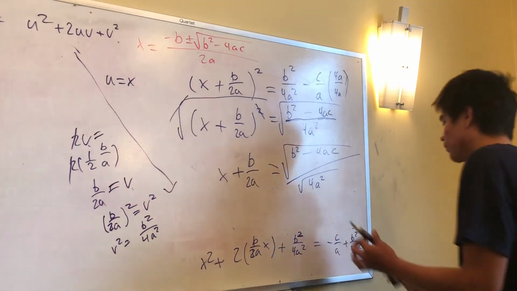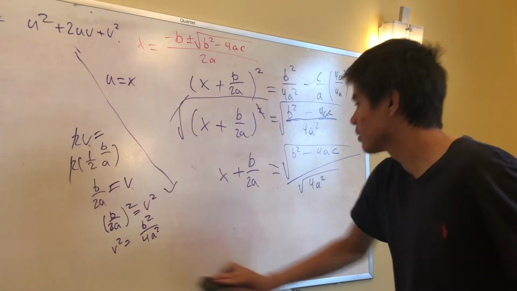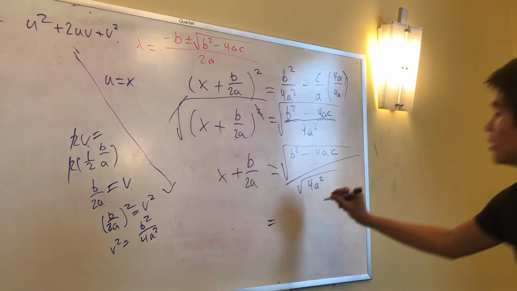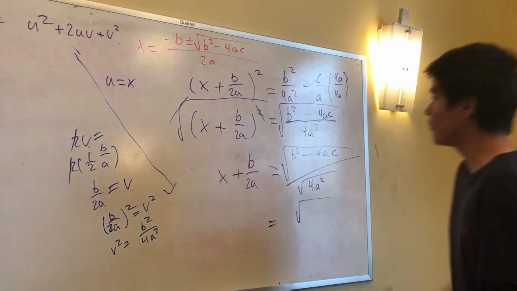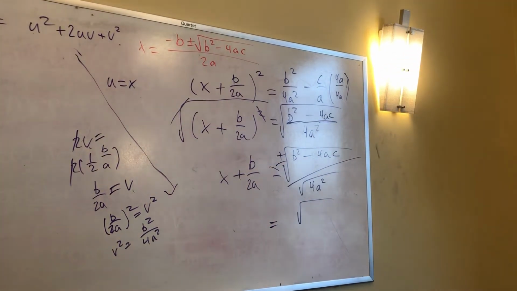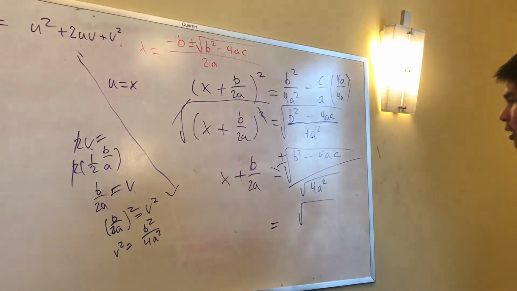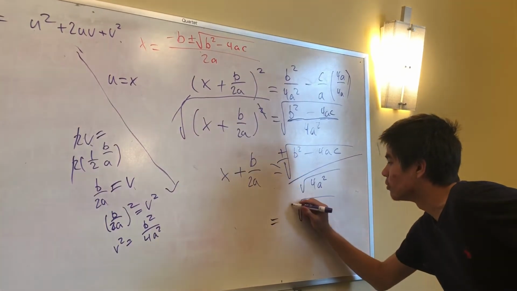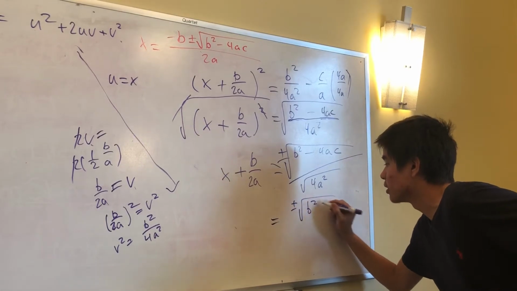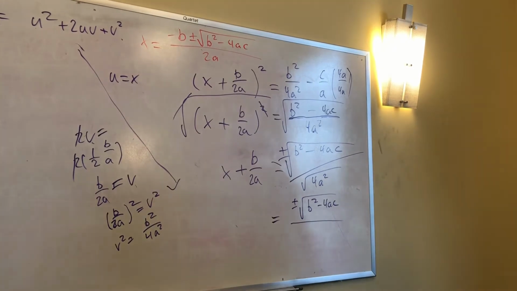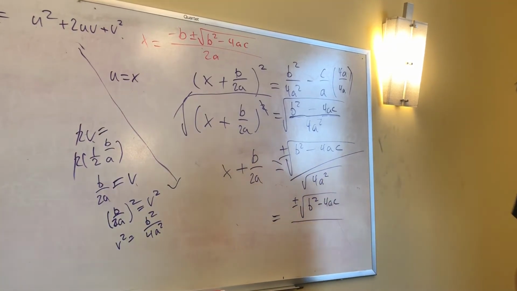So now when we simplify this out, we have square root. Oh, and if we take the square root of both sides, then this side has to be plus or minus. So we have the plus or minus on this side. And so then we have plus or minus the square root of b squared minus 4ac all over the square root of 4a squared.